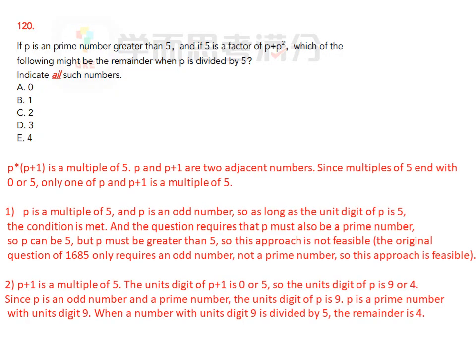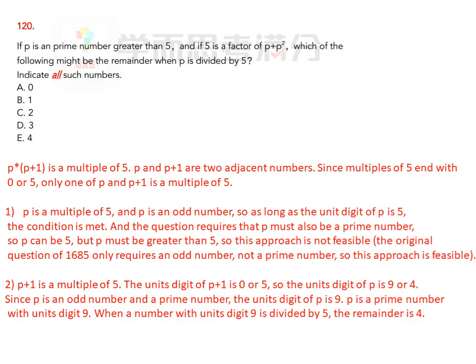Only one of p or p plus 1 could be the multiple of 5. Both can't be multiples of 5, right? Now, a multiple of 5 can end with either 0 or 5. So if p is a multiple of 5 and p is an odd number, why is p an odd number?